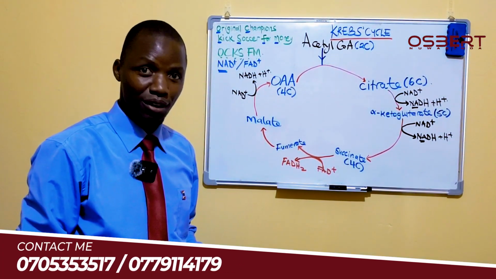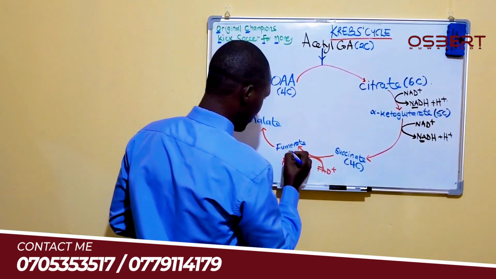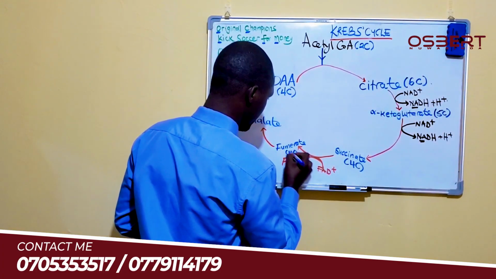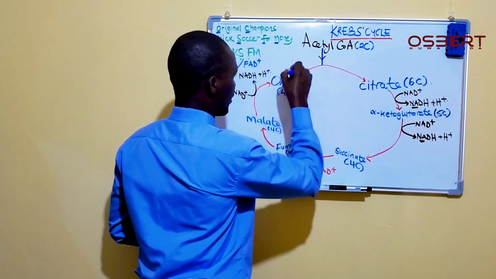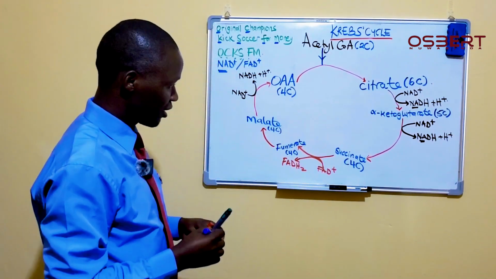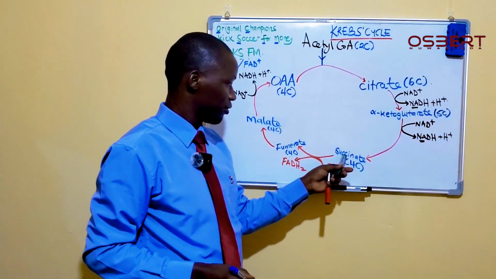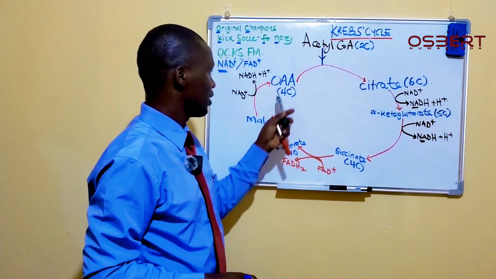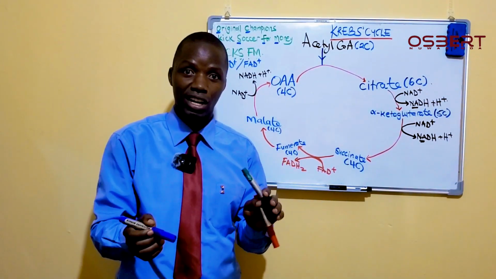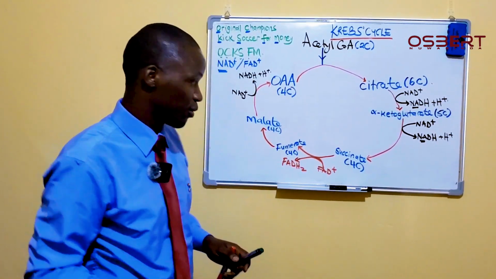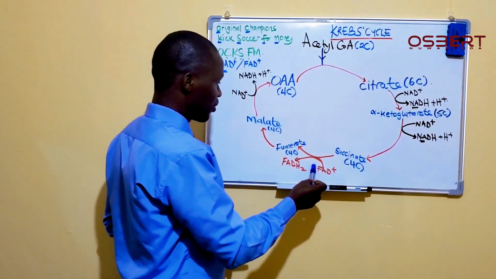We don't reduce further. So here we also have 4, we also have 4, and then we have 4. So from here to here to here, we're just playing around with almost the same structure, but playing around with hydrogen atoms, because you see here we have removed hydrogen atoms.